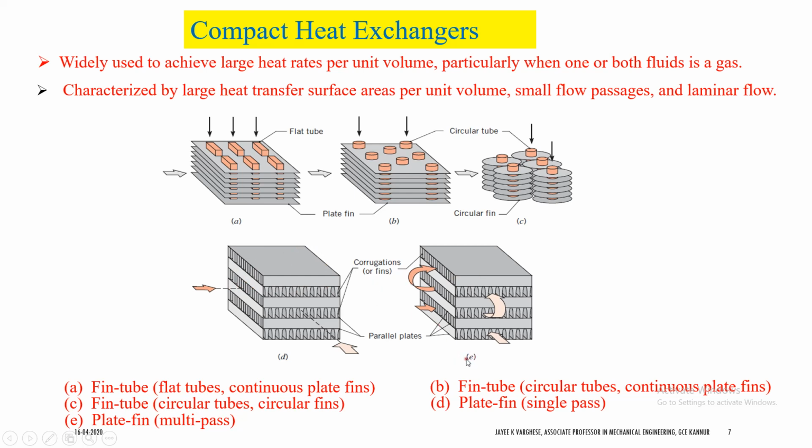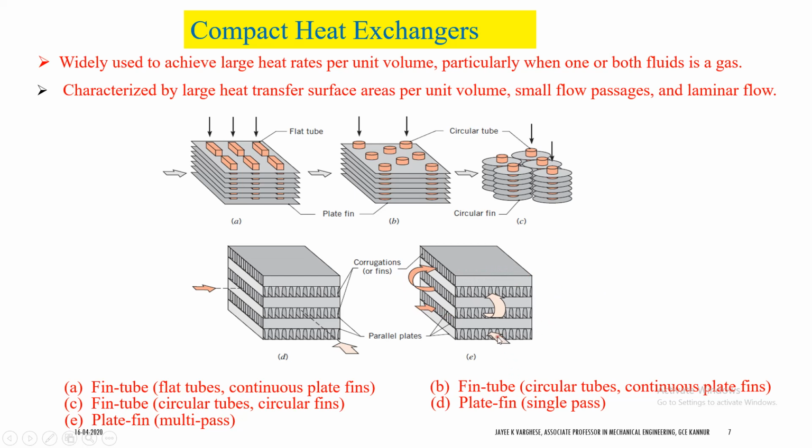Whereas in the last figure E, we can see that this fluid, the hot fluid which enters at this end, will flow through this passage like this, then returns through the second passage, again goes back and returns, takes a U-turn, like a 1 pass, 2 pass, 3 pass, like that.